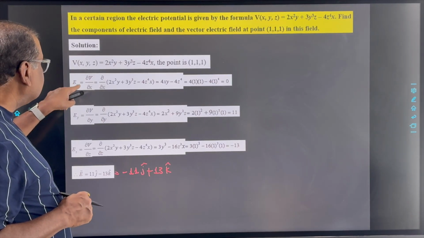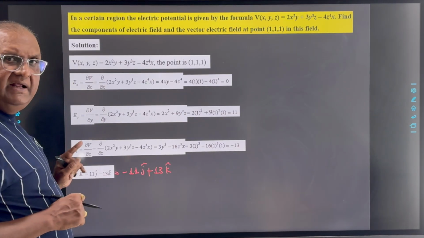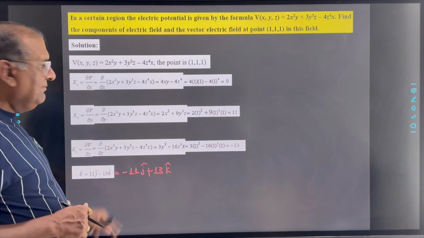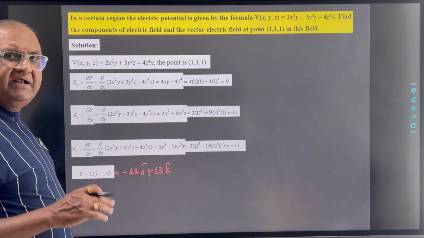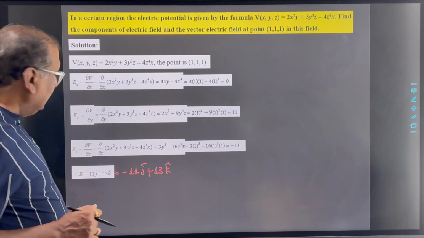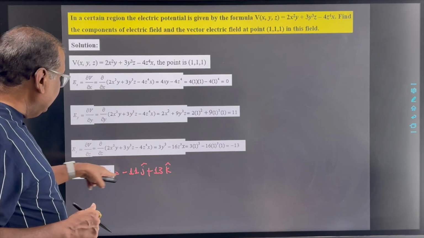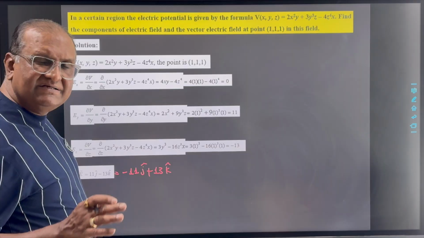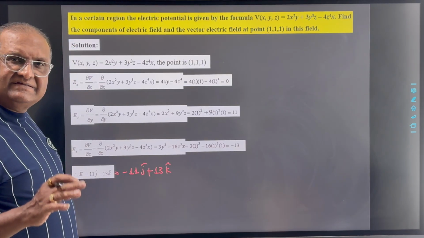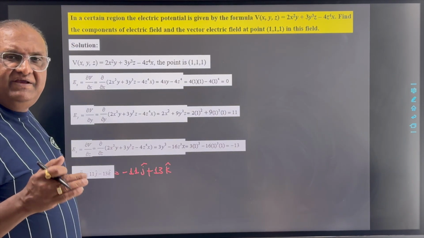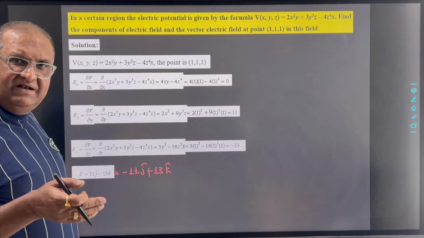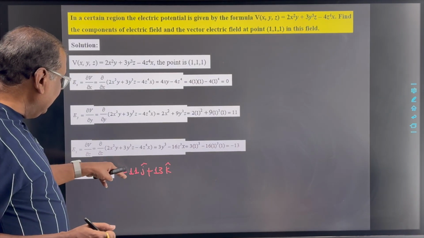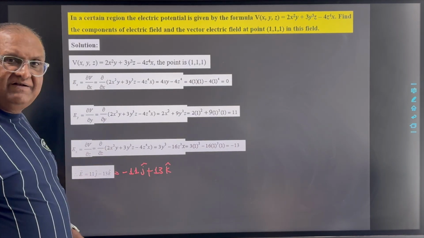If you take Ex equal to minus del V by del x, then there is no need to write in this manner. But first here we calculated as per magnitude only. So now finally we have to represent it as per the relationship E equal to minus of del V by del x i caret plus del V by del y j caret plus del V by del z k caret. Now apply one negative sign here, so your final result will be like this.